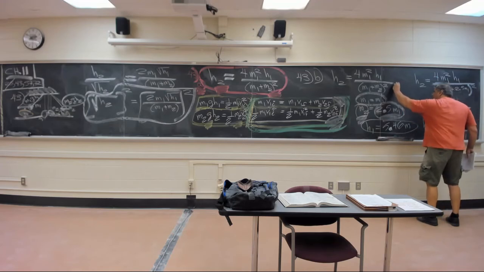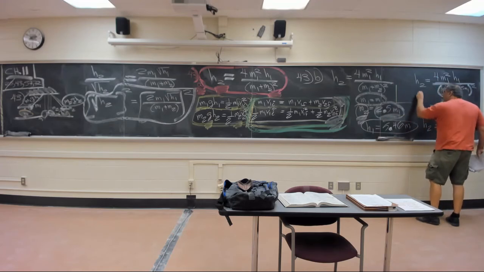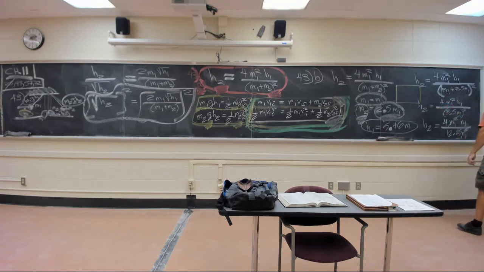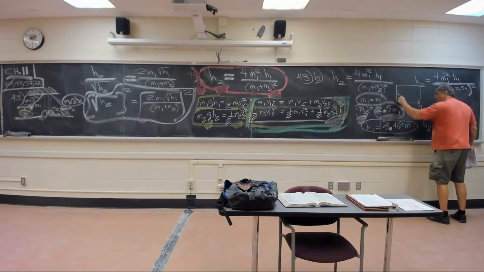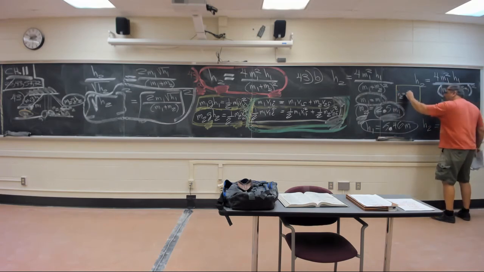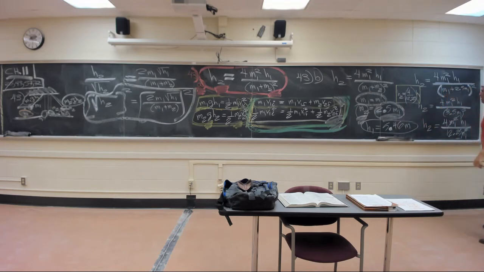What do we got? We got H2 equals 4 over 12.25 times H1.